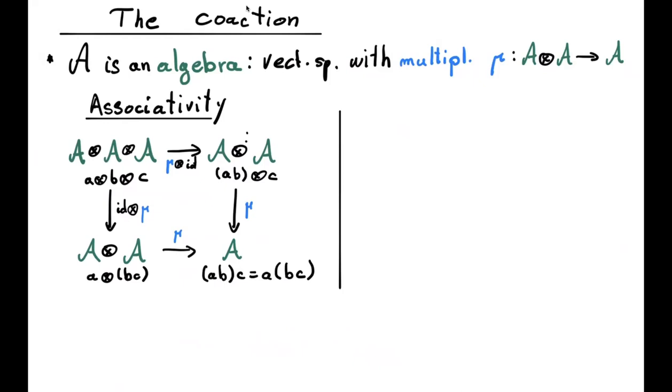So I want, for example, that if I take a triple, A, B, C, and then multiply the first two together, so I multiply AB together, and then I multiply in C, I must get the same as if I first multiply B and C together and then I multiply A. So that's multiplication with multiplication. So I can express associativity through this diagram.